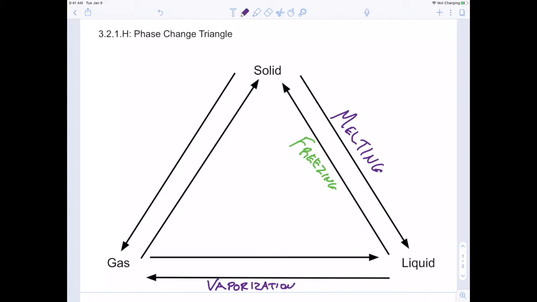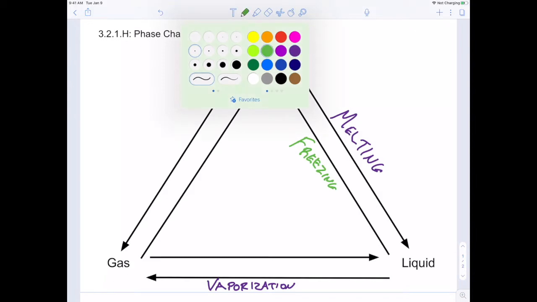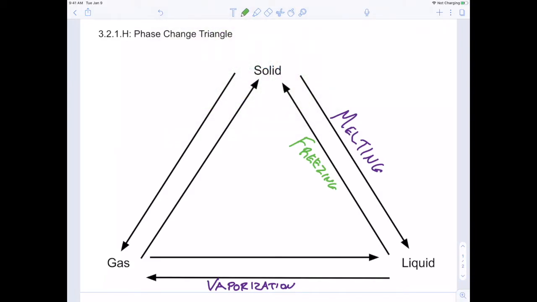Now, if you go in the opposite direction, where you go from a gas to a liquid, that is called condensation. Once again, we are switching our colors here. When you're thinking about condensation, if it is a hot, humid day in the middle of the summer and you have a glass of ice water, you'll notice that all of a sudden the outside of the glass gets wet.